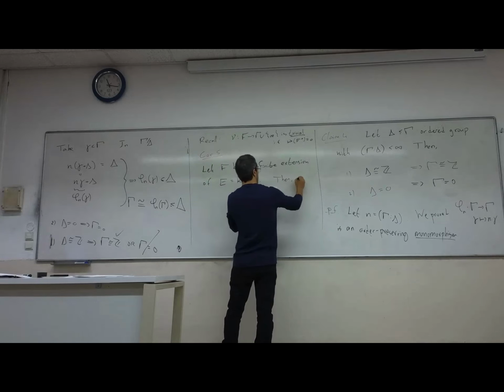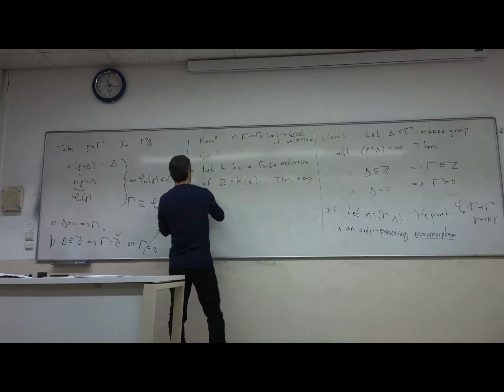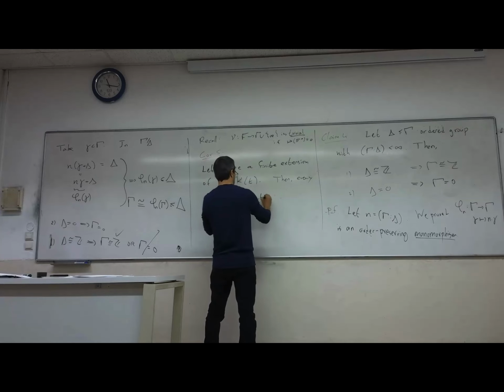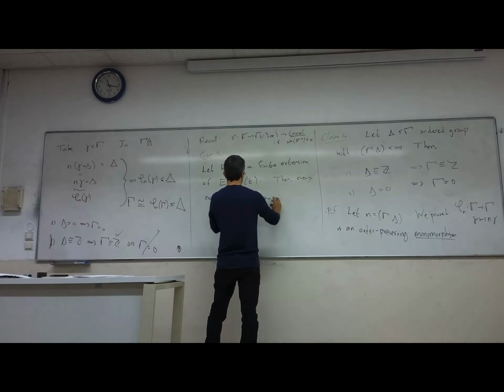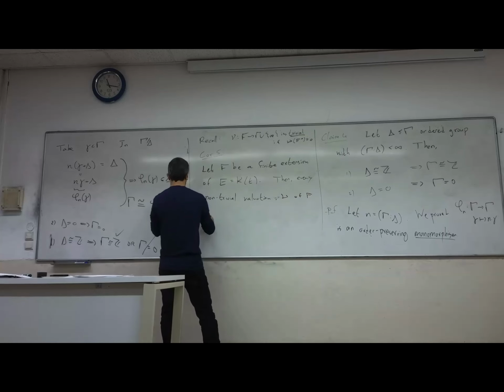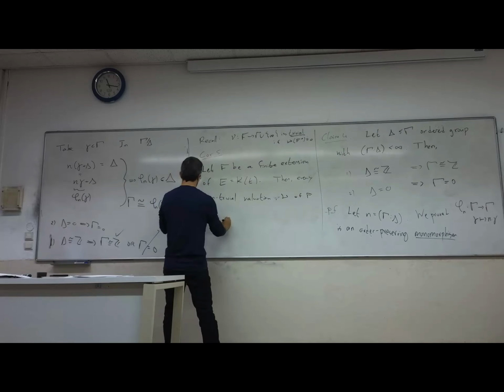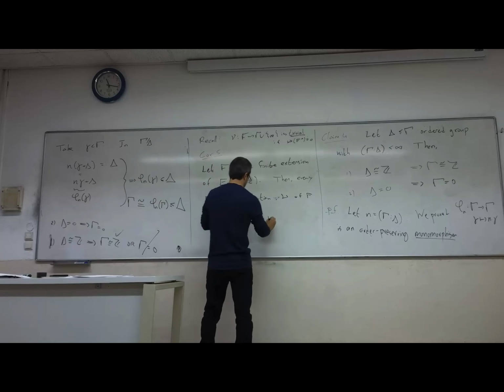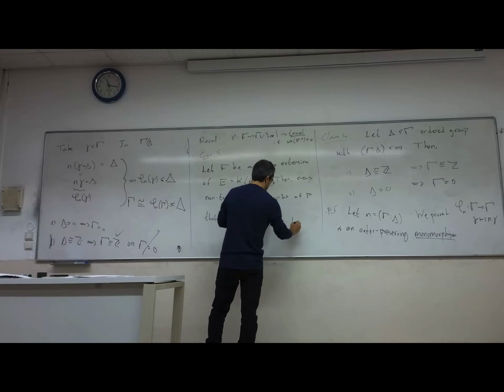Then every non-trivial valuation v of F that is trivial on K is discrete.